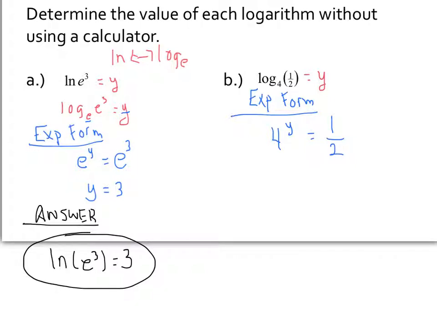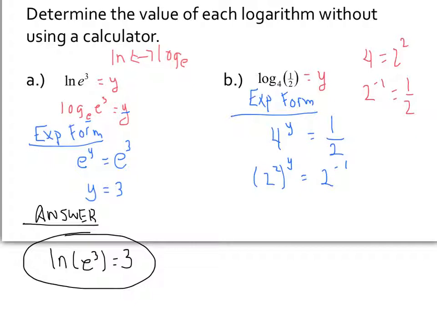Well, this is where we go back to our first video in this section, where we recall that 4 is equal to 2 squared. So I can write this on the left as 2 squared to the y. And also, I want you to remember that 2 to the negative 1 is equal to 1/2. So on the right-hand side, I can write 1/2 as 2 to the negative 1.